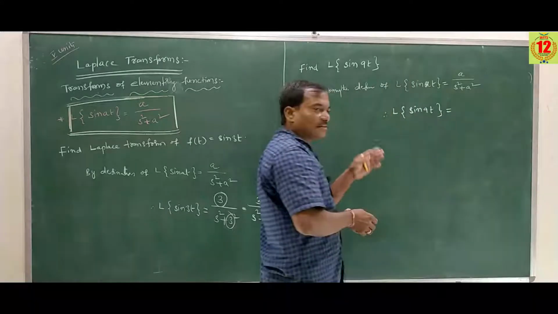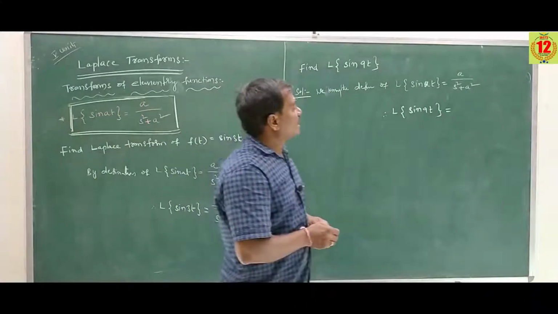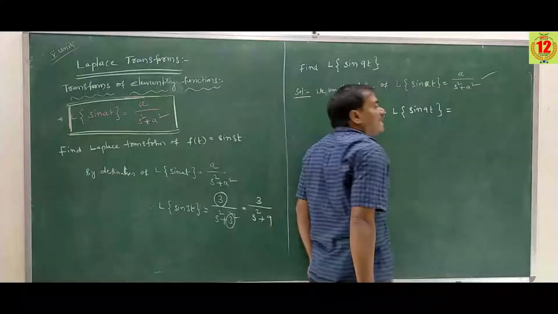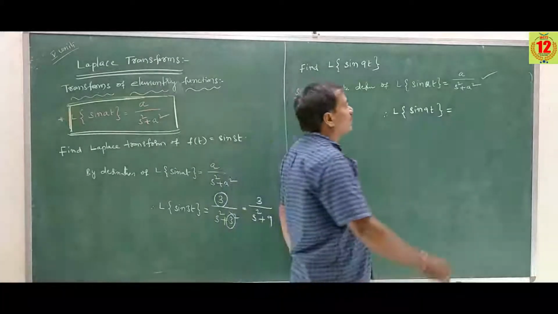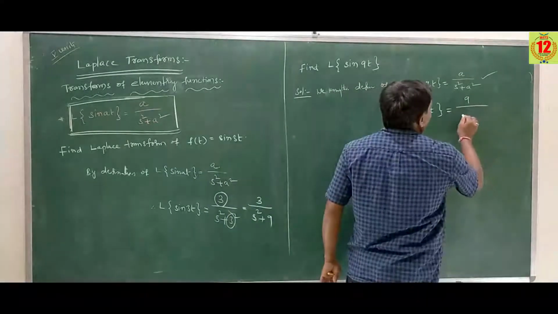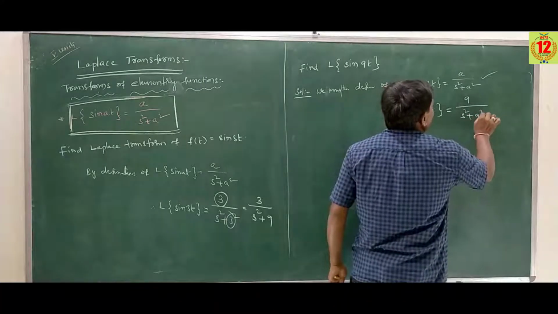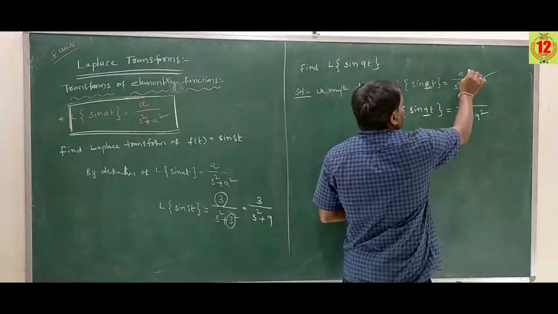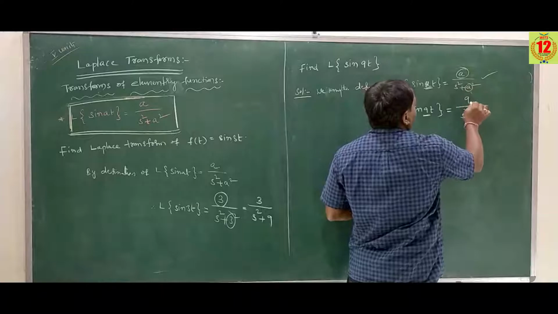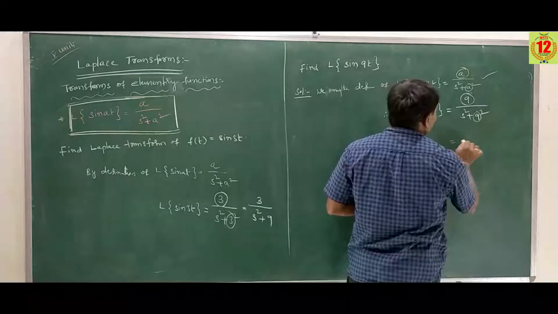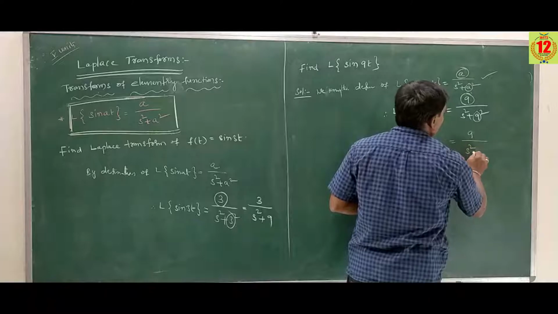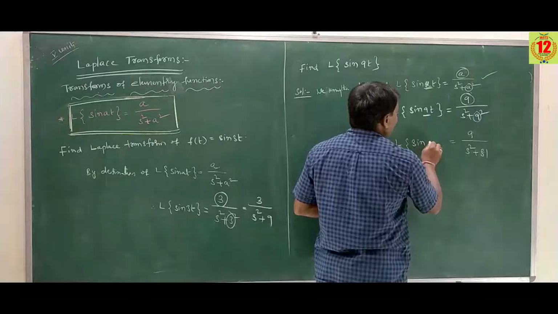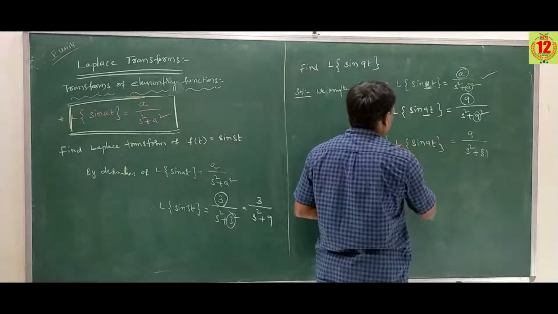Now compare with the left hand side function. What is a here? A equal to 9. In the given formula, a is replaced by 9. So therefore 9 by s square plus 9 square. This is equal to 9 by s square plus 81. This is the process of finding the Laplace transform of sin 9t.